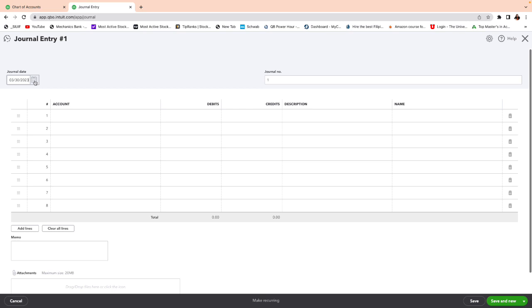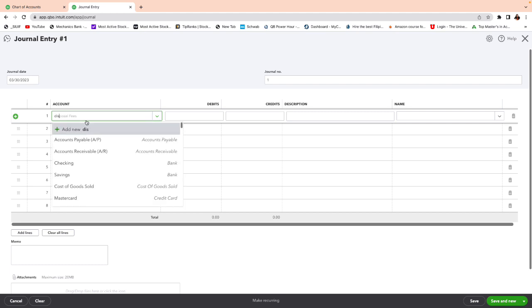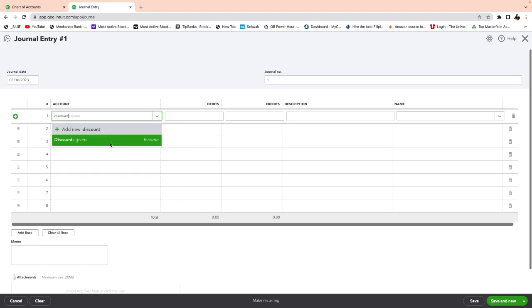You use the date of the last day of the month that you're adjusting. And I'm going to say that there's a discount given, and discount is an income account. When I want to increase the discount given, I'm going to debit that, so it's going to be a negative amount on the income. It means it's going to diminish the income.